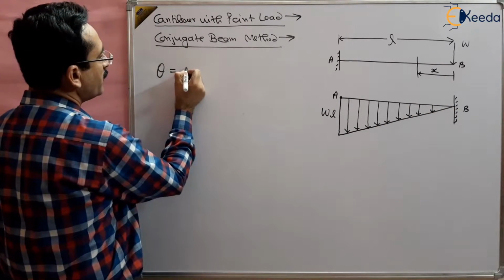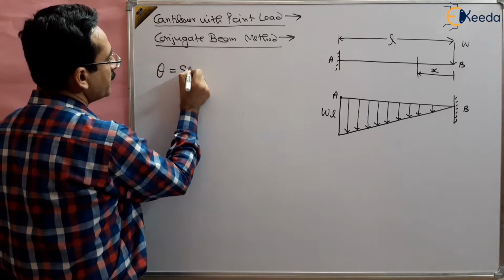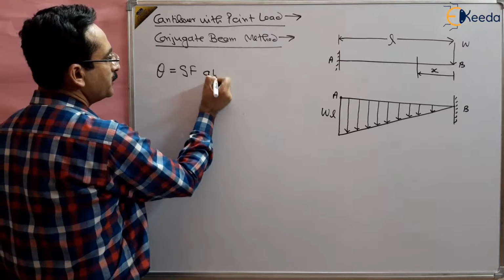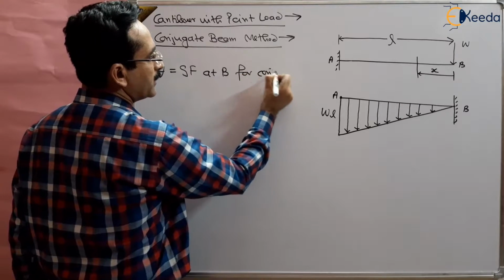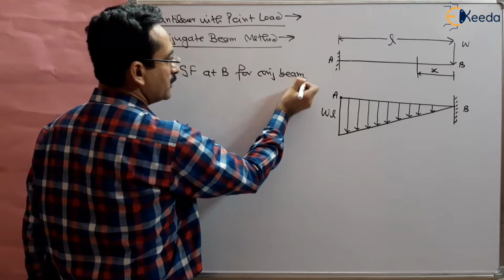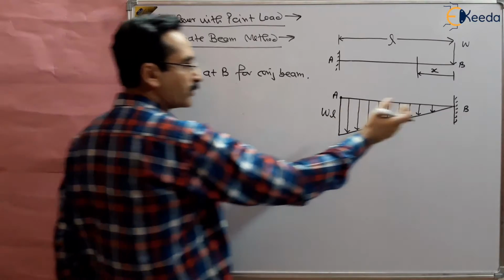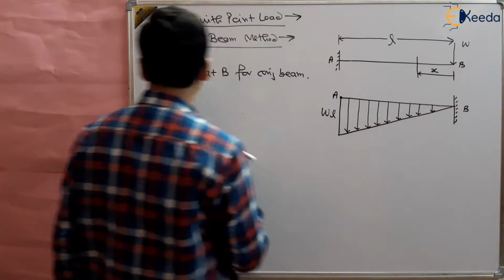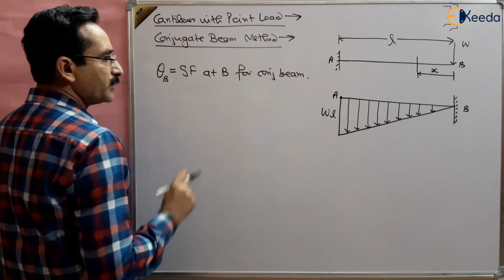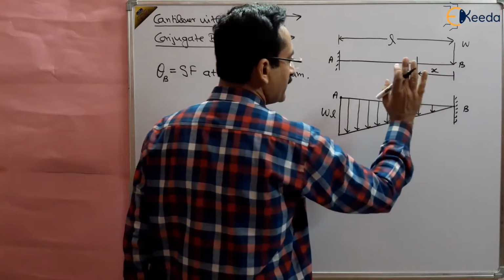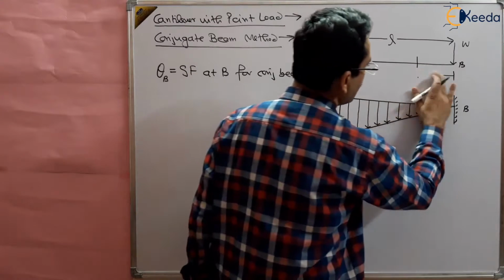This is the sum of all the shear forces at B for the conjugate beam. Here we are talking about point B because the slope is maximum at B. You know already that the slope and deflection are maximum at B.